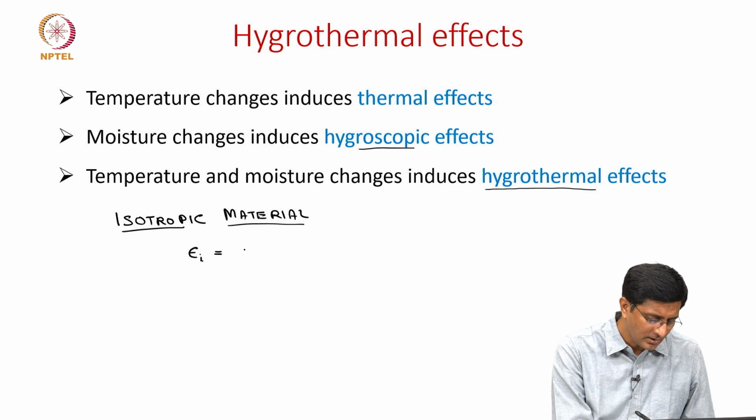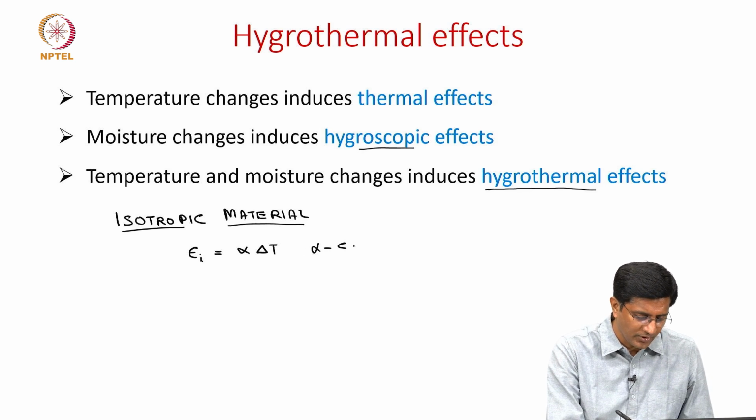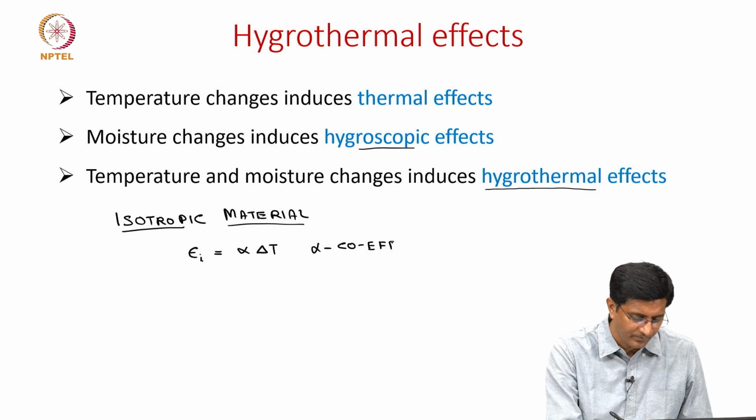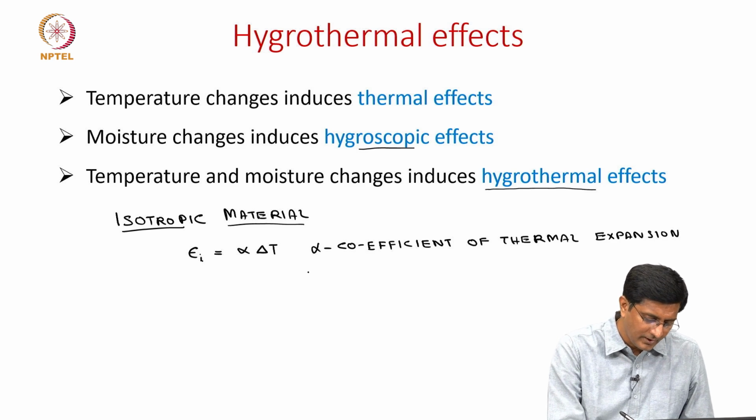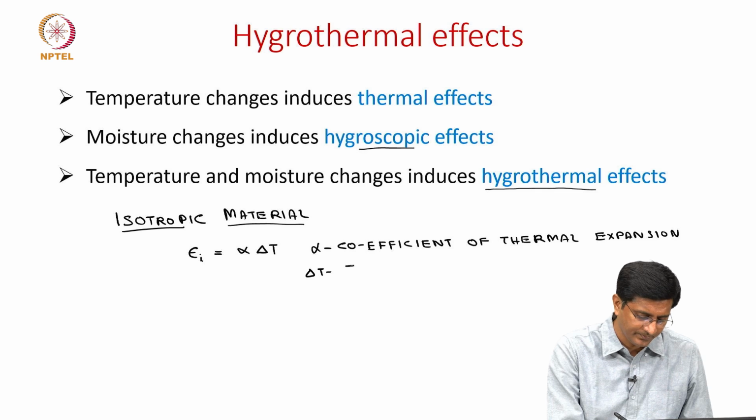This is given as alpha delta T, where alpha is the coefficient of thermal expansion and delta T is the temperature change.